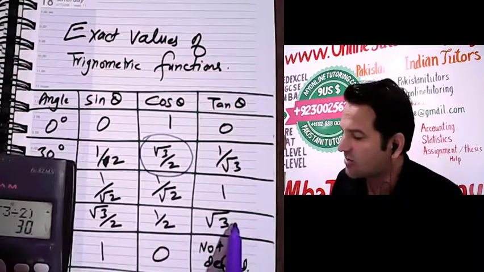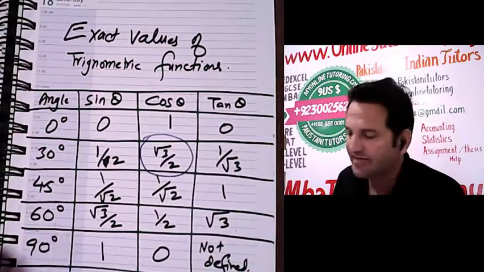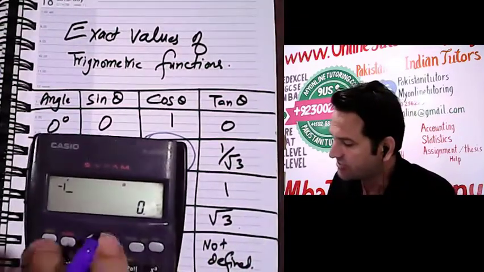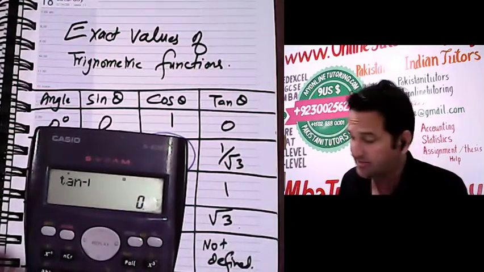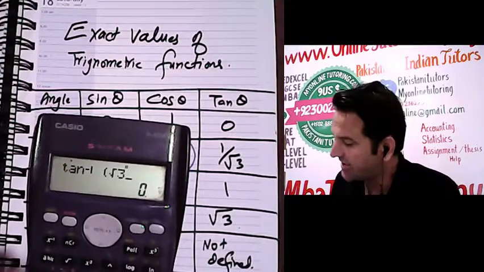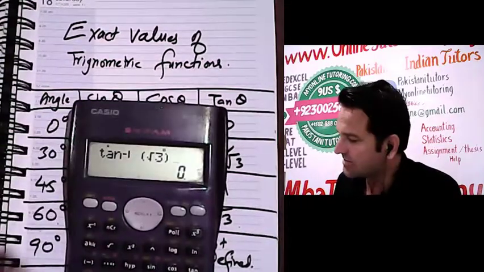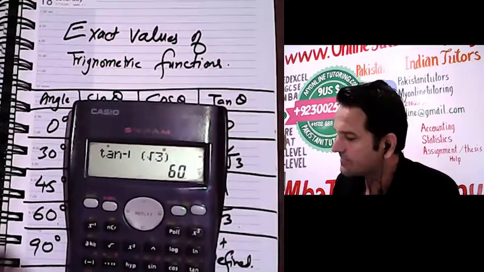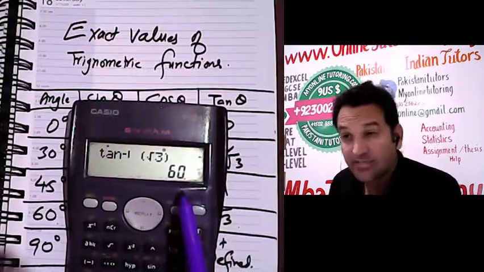Now let's talk about tan of 60 degrees, which is root 3. So again shift tan: tan inverse root 3, what is the value? 60. So tan inverse root 3 will give you 60 degrees.